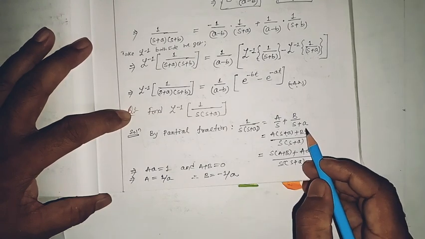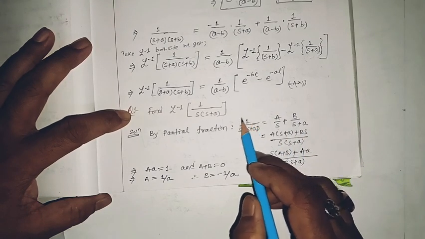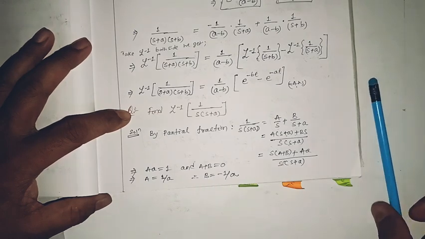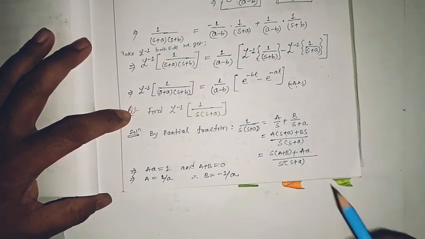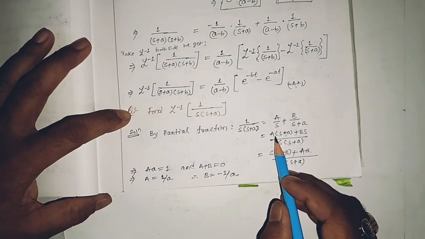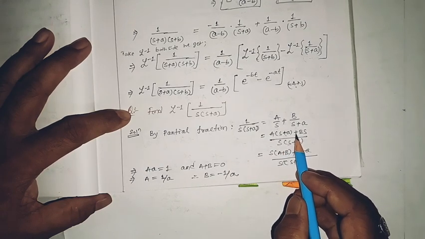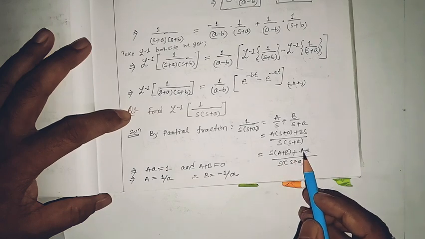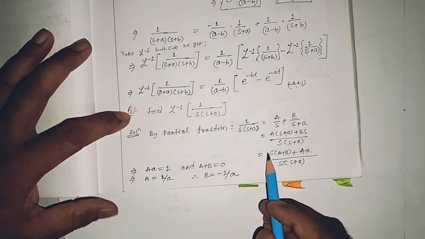Here the s term is not there, so b will be equal to 0. Sorry, here a will be one term plus bs. So if I take s common, it is a plus b into s plus a. So here the s term is not there.